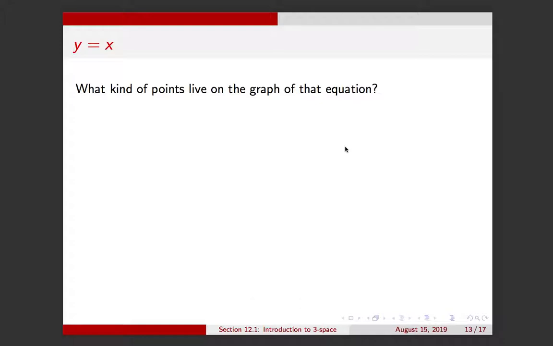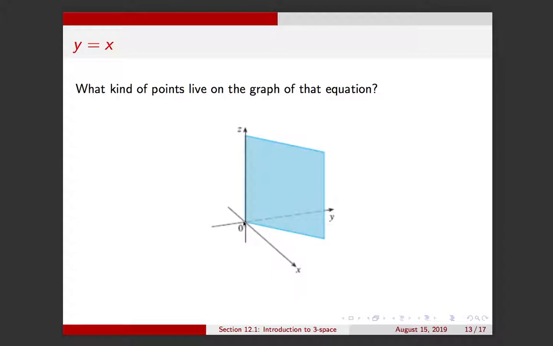This is a very familiar equation from calc 1, calc 2. If you graph this in 3-space, then as you might imagine, you don't just get that y equals x line anymore. There's no restriction on z, so you're going to have things of infinite height here, and you end up with a picture like this. Here's that y equals x line in the xy plane.